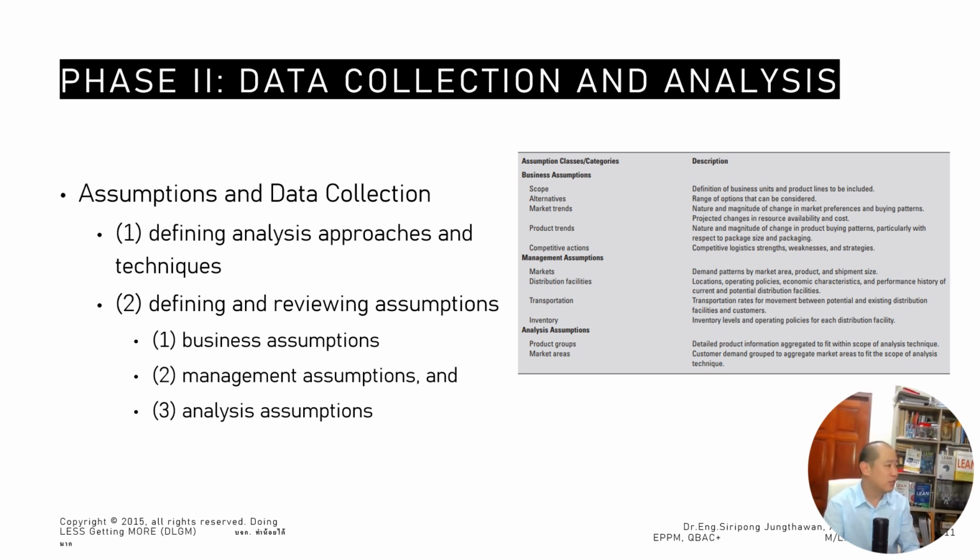For management assumptions, you have to know the marketing and distribution facilities, transportation system, and also the inventory level that you want to design. The last is analyzing assumptions for product group or marketing area.